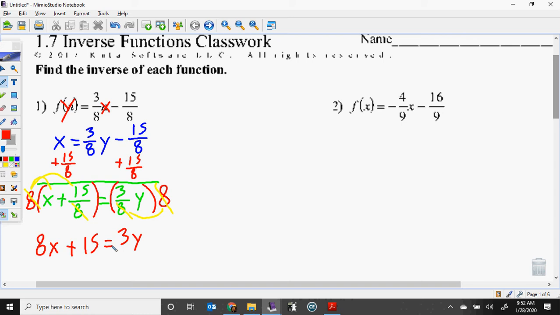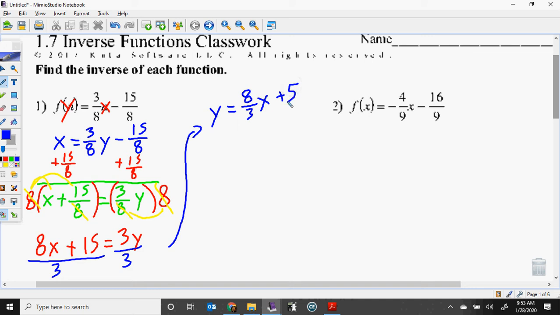Now I can look at this and say, oh, okay, all I need to do to solve for y is divide both sides by 3. If I divide by 3, I get y, and I just switch sides of the equation. Y equals 8 over 3 x, because I said 3, and then 15 divided by 3 is just 5.